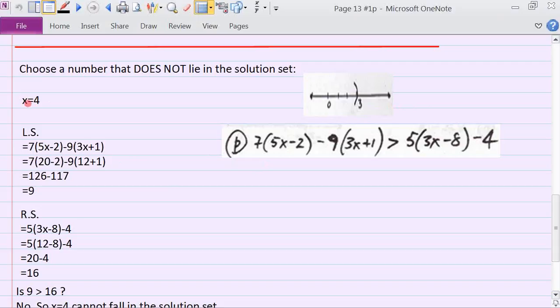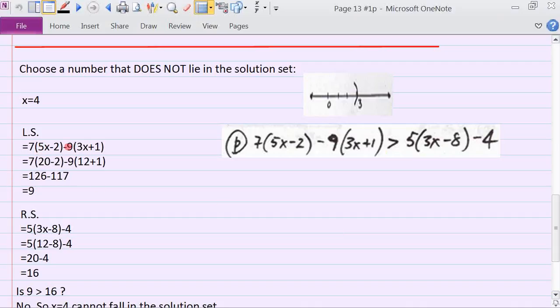But we usually choose a number that's close. So here we'll put the number 4. You can see 4 does not lie in the solution set. We're going to substitute the number 4 into the left side, then compare it to what we put into the right side and ask ourselves, is that still greater than?